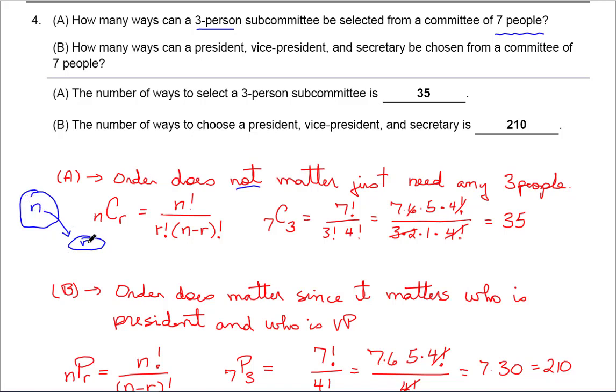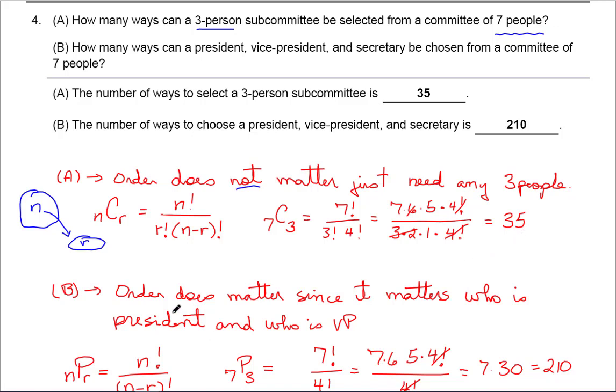I'm picking 3 of them. So 7C3. So then I just evaluate this like we did before. 7 factorial, 3 factorial, 7 minus 3 factorial, which gives me the 4 factorial, and then simplify to get 35.